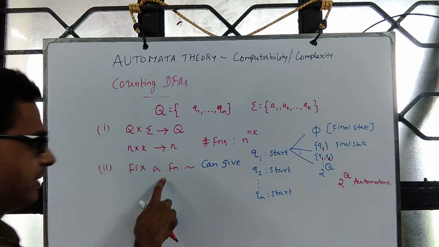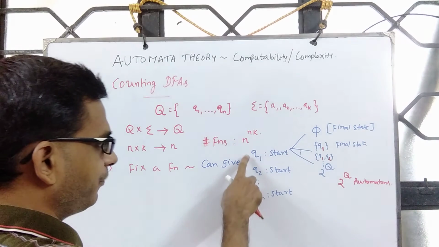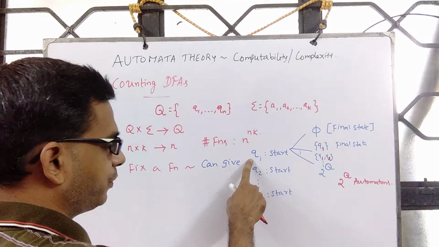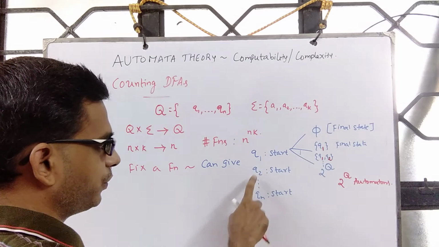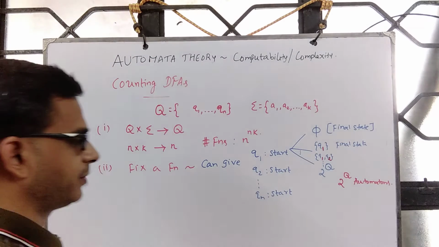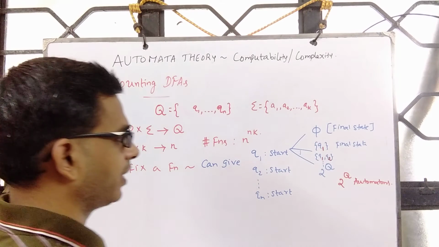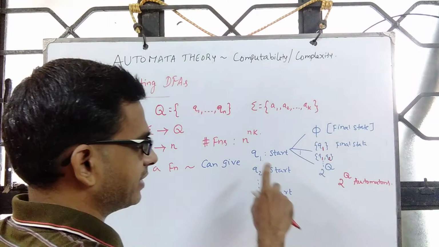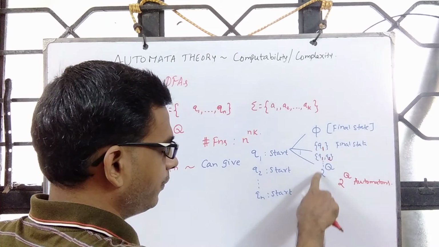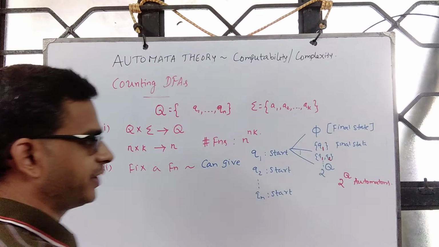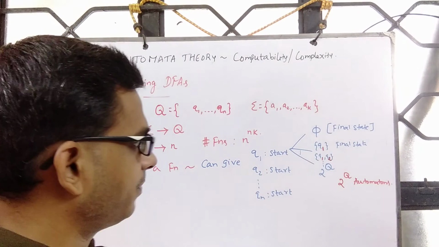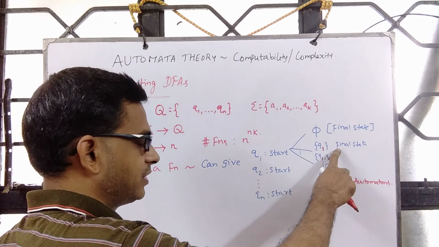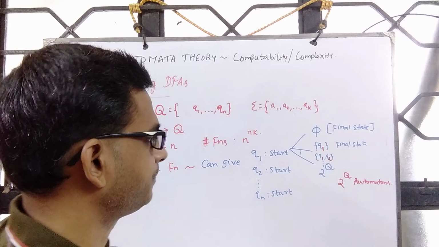Okay, so if you fix a function, that can give you n different automatons. In the first one, q1 is the start state. In the second one, q2 is the start state. So on up to qn is the start state. If you fix the first automaton in which q1 is the start state, that can give you 2 power cardinality of Q automatons, depending upon whether phi is the final state or q1 is the final state, and so on.